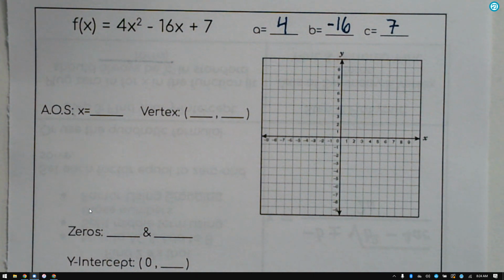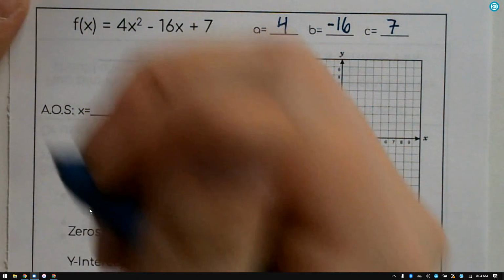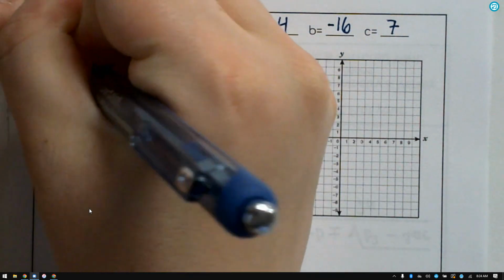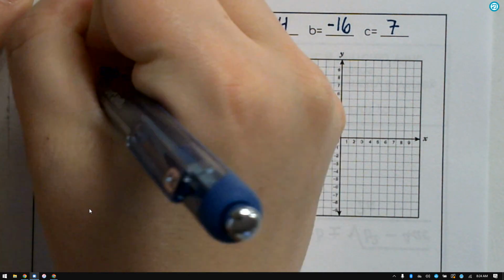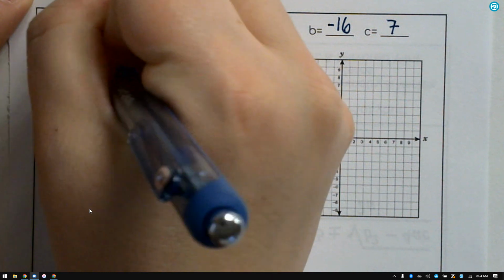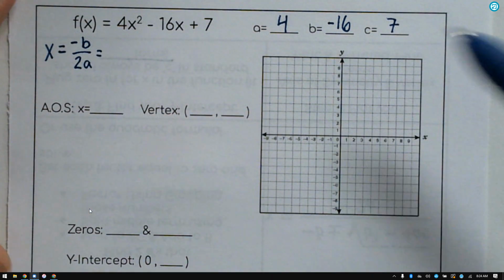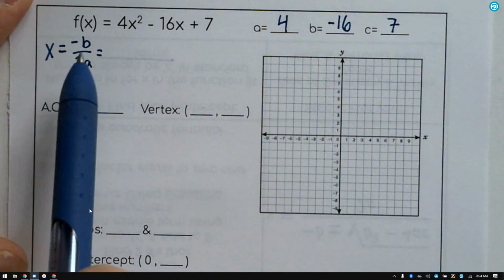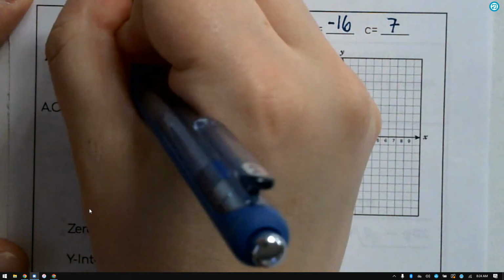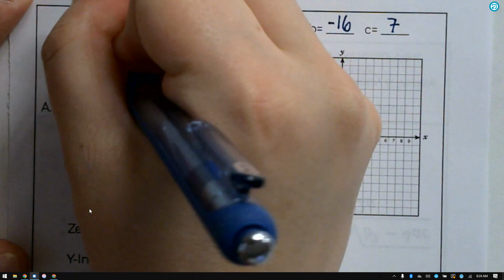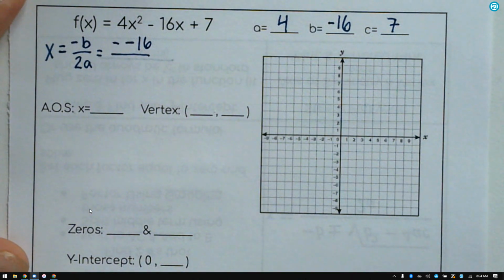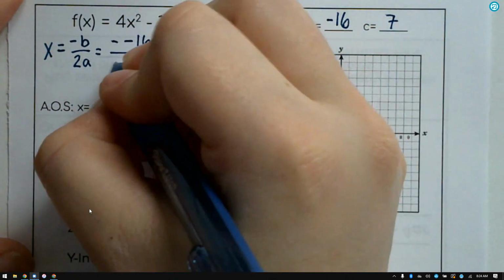Okay, to find our axis of symmetry, we do x equals negative b over 2a. Plugging in our b value, negative 16 over 2 times a, which is 2 times 4.